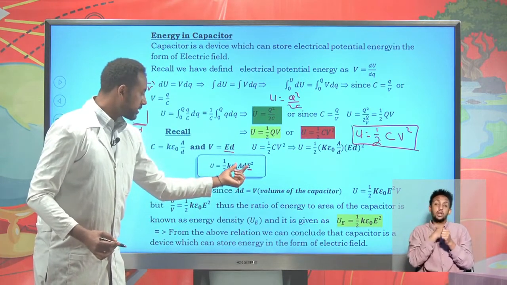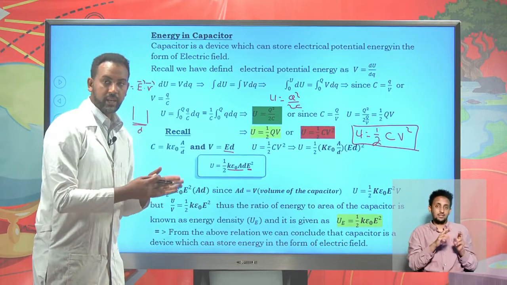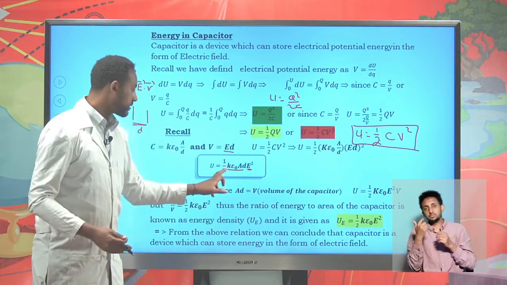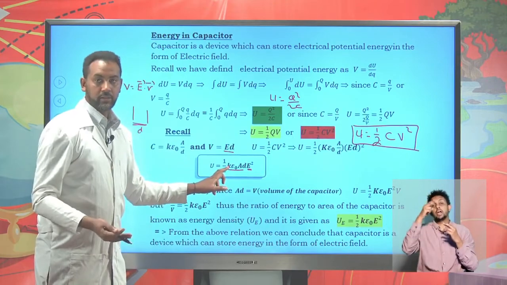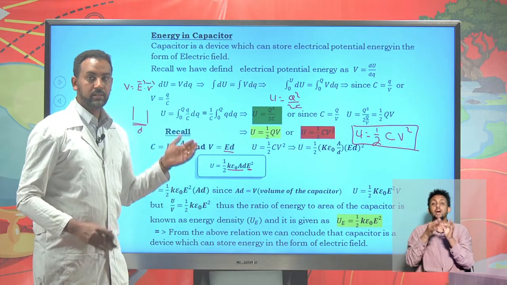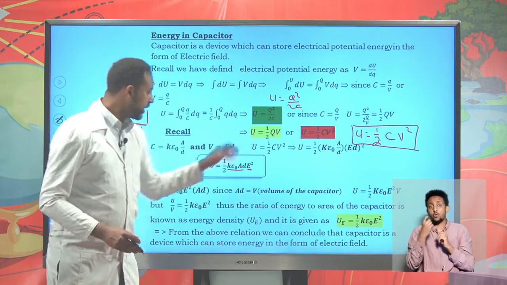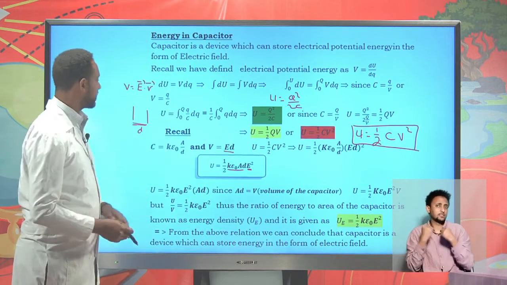If you increase the distance, increase the area, or replace the dielectric with one of higher or lower dielectric constant, the energy might be affected. That's why we define a capacitor as a device used to store charges in the form of electric field strength.